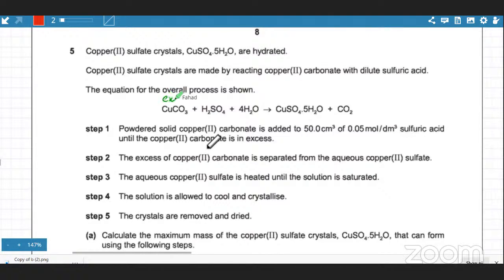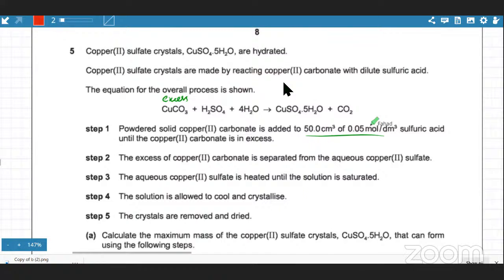This over here is in excess, and I can find the moles of this. The volume and concentration is given, so why don't we try and find the moles? Concentration times volume is moles. So it's 0.05 multiplied by 50.